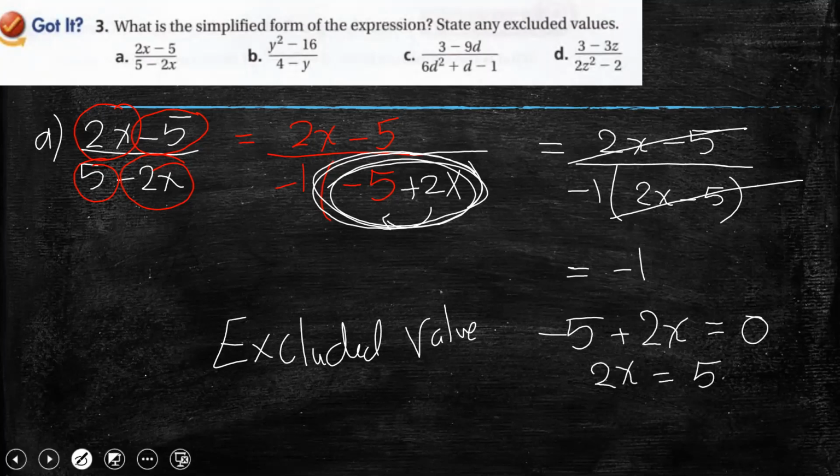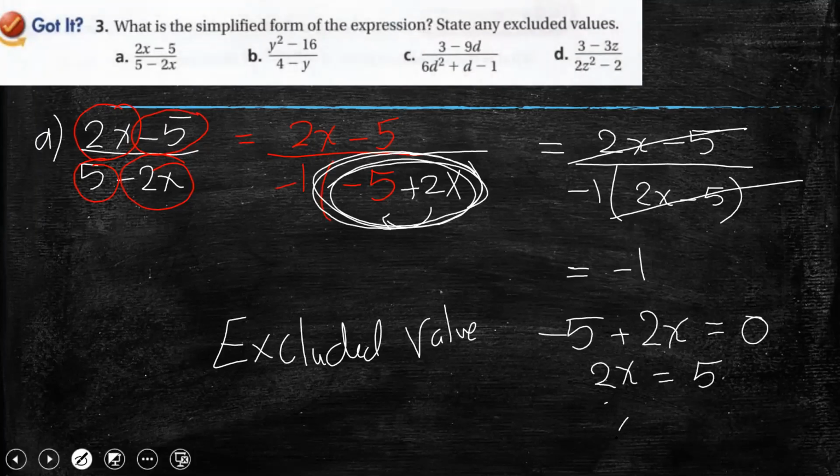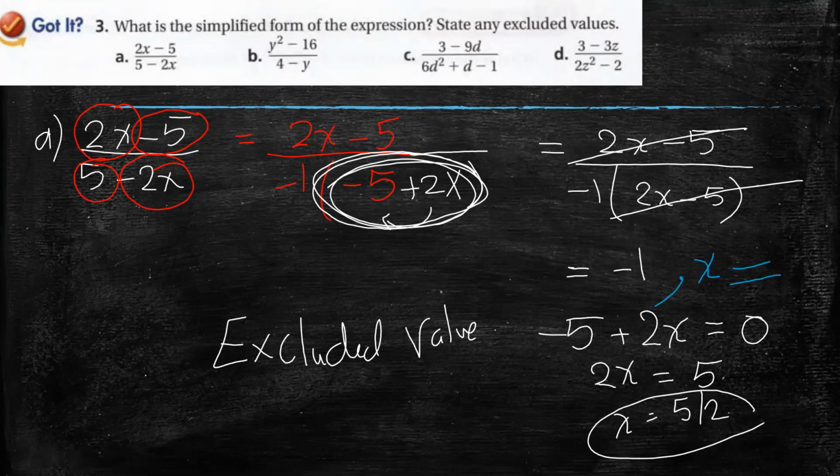So 2x equals 5, so x is 5 over 2. That means the simplified form is equal to negative 1 when x is not equal to 5 over 2. When x is not 5 over 2, this function can be worked.